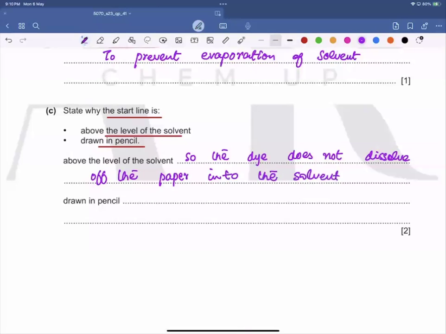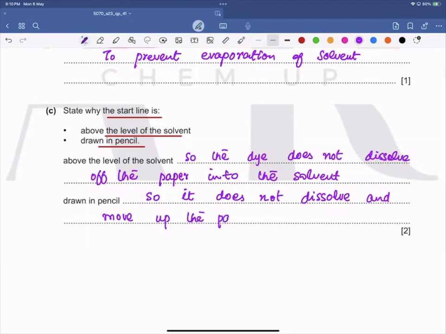Now, drawn in pencil: so it does not dissolve and move up the paper along with the solvent.